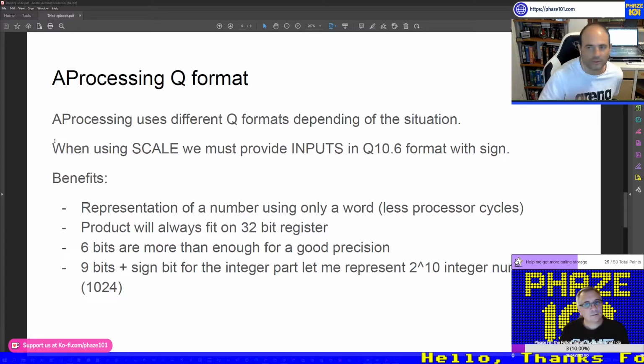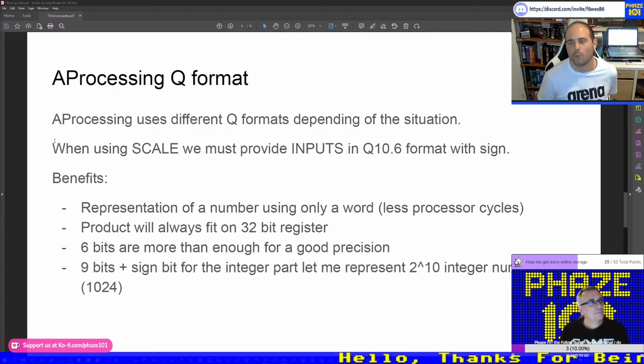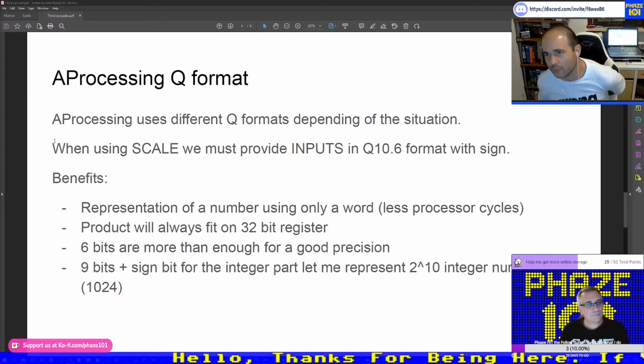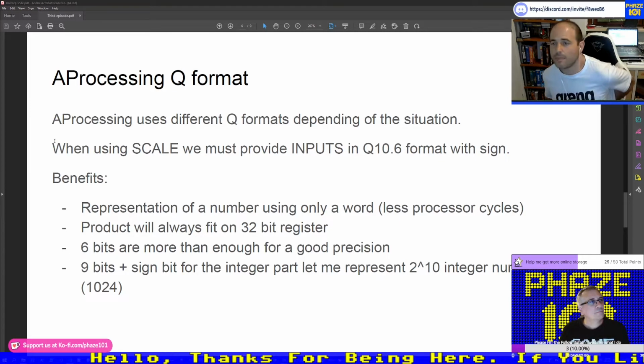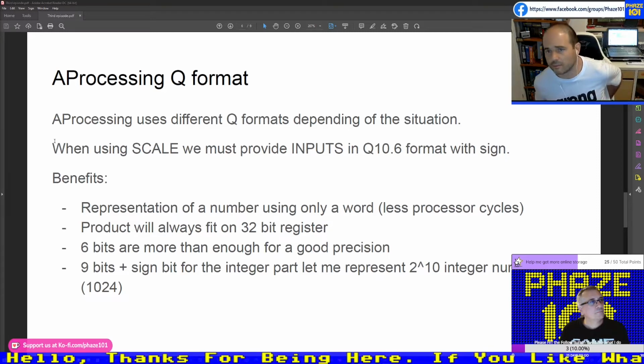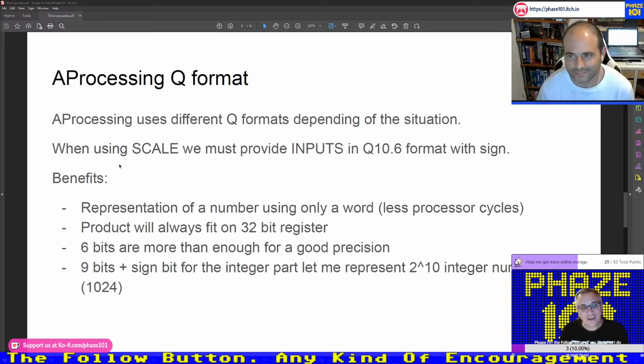So I don't need to multiply, for example, 1,000 or 1 million. I just need to stay within this, and so I picked this format. Okay.